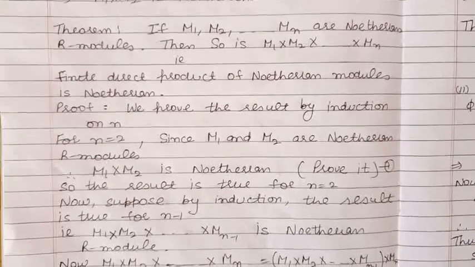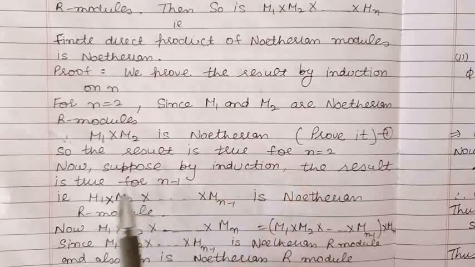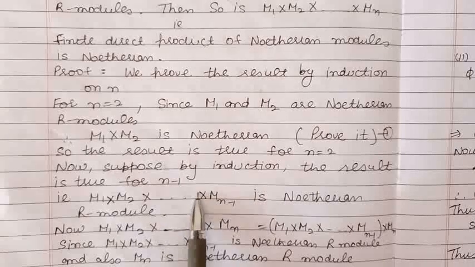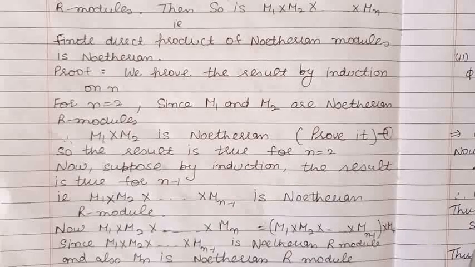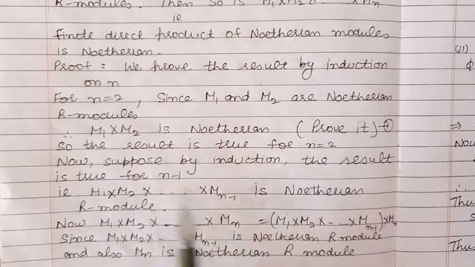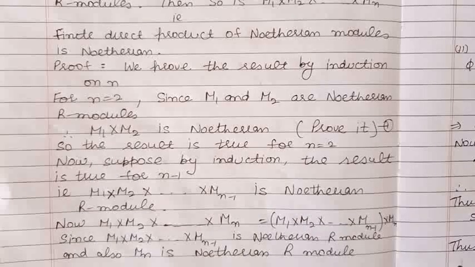Now let us suppose by induction the result is true for n minus 1. It means if we have n minus 1 noetherian R modules, then so is their direct product. It means the direct product of modules M1, M2, M3 up to Mn minus 1 is noetherian.